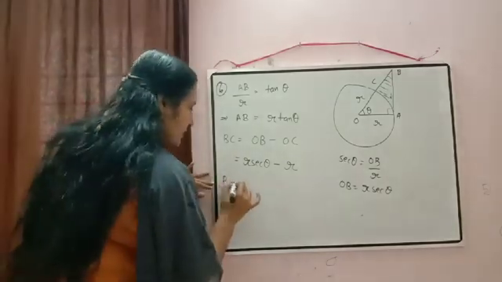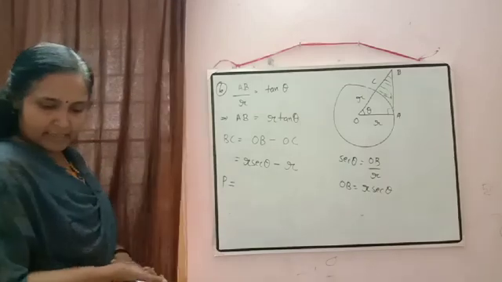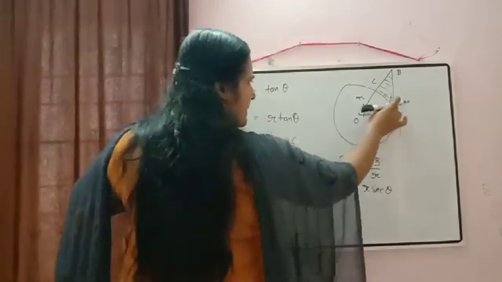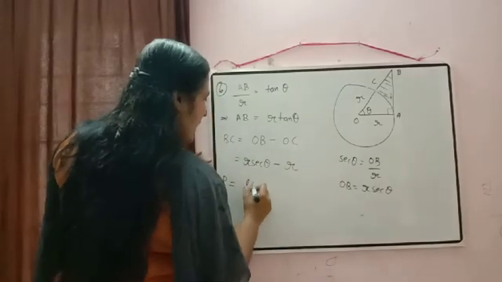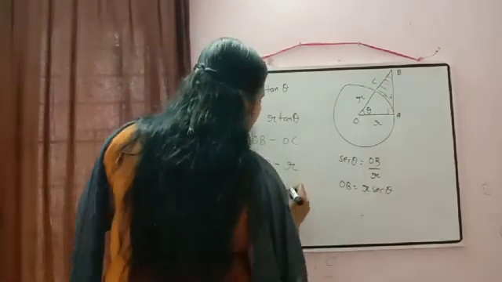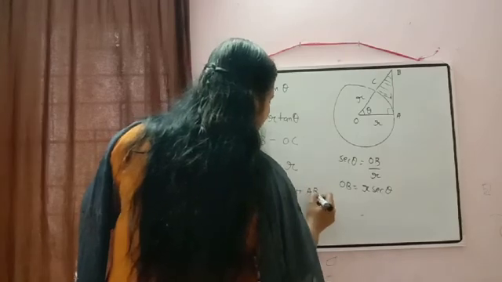Now we will write down here perimeter of the shaded region is equal to, in perimeter of the shaded region, first we are getting length of the arc AC plus the length BC plus the length AB.